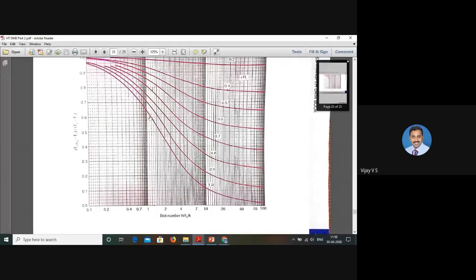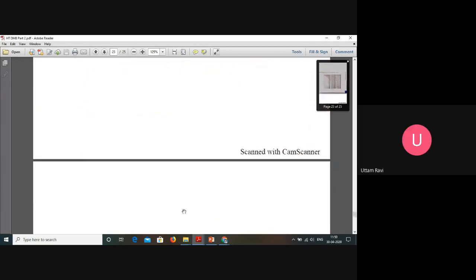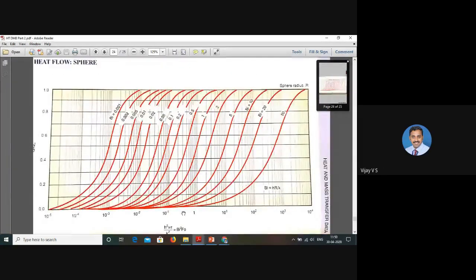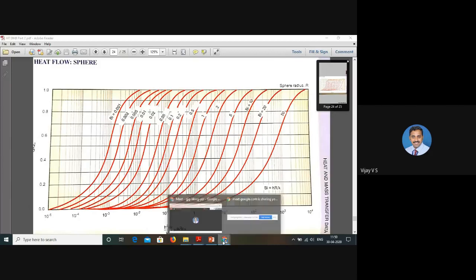So 1 and 1.3, somewhere you will get this value, 0.6. If any other radius they ask, you can find out. Clear? And the last one, this is the sphere. This is for heat flow.